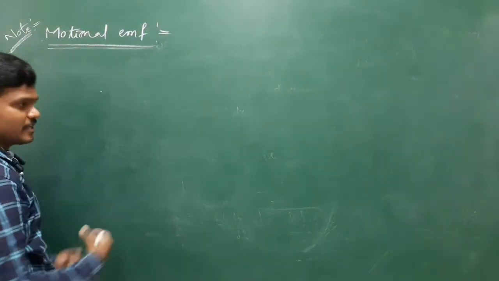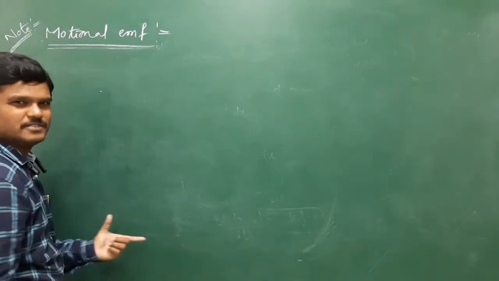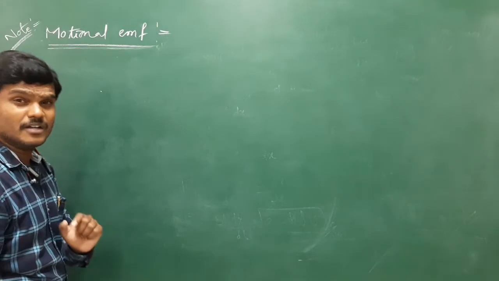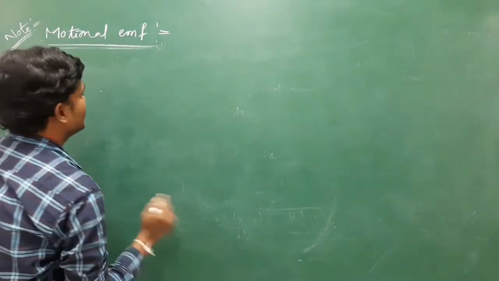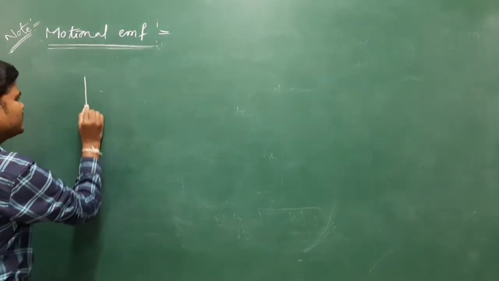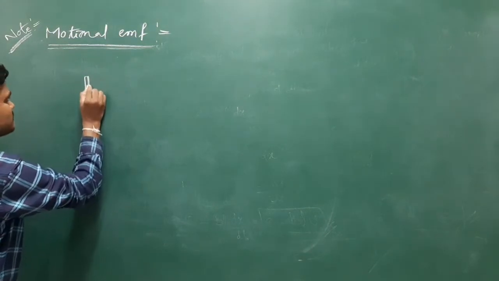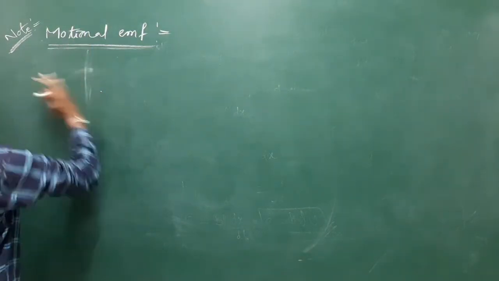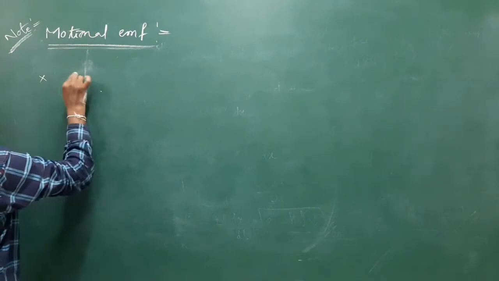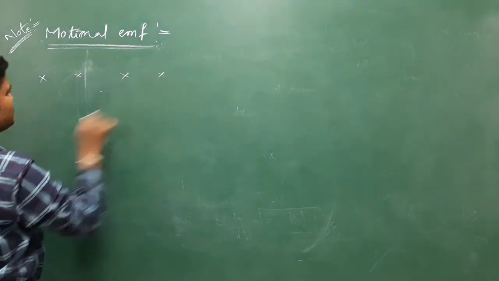See, I am going to show one more derivation. The formula is the same, BLV, when B, L, V are all perpendicular to each other. See, this is the rod. Now the magnetic field is into the board.